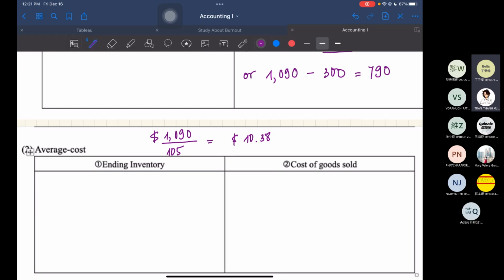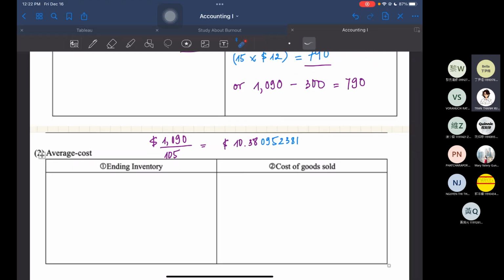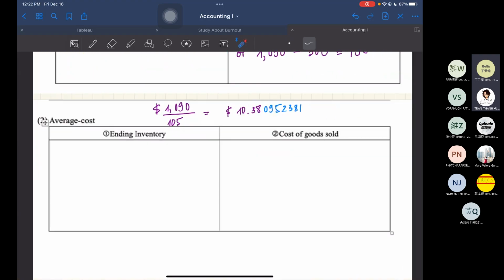We round it to two decimals, because this number is long, like 0.952381. When you do the calculation, do you get the same number? But the question only requires us to round to two decimals, so we only take this one. So it's the same thing, just a different value.